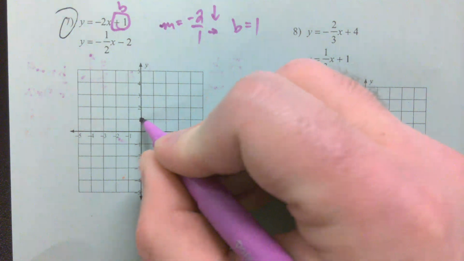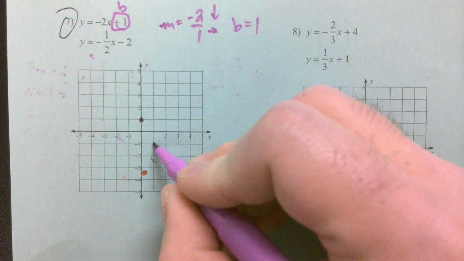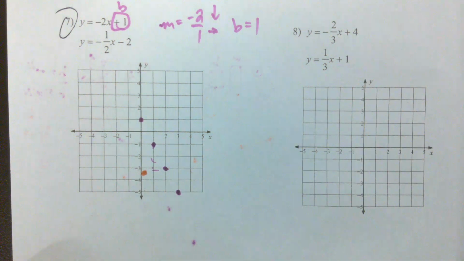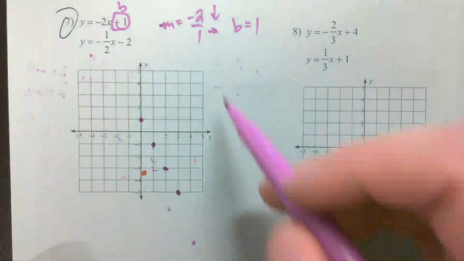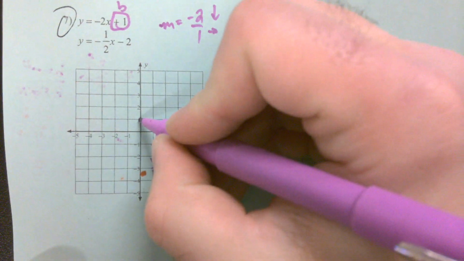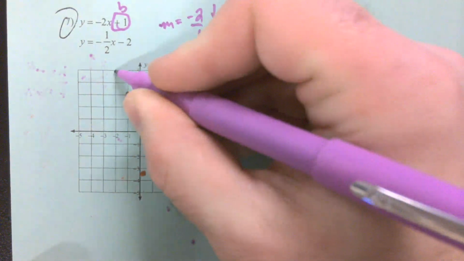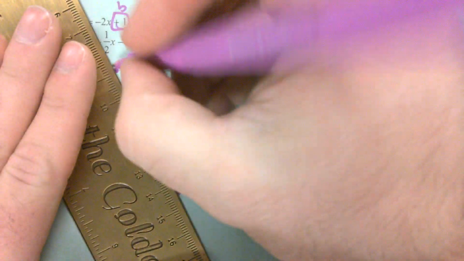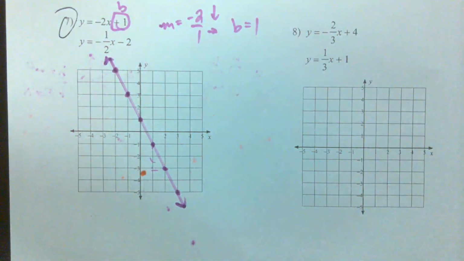We start at 1, we go down 1, right 1, follow that pattern all the way down, reverse my direction. Instead of down 1, right 1, I'm going to go up 1, left 1, up 1, left 1. There's my line.